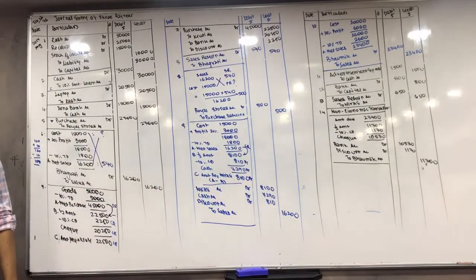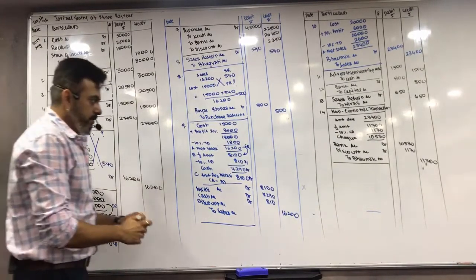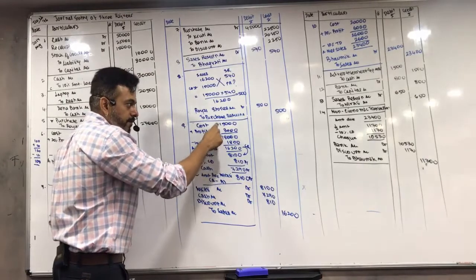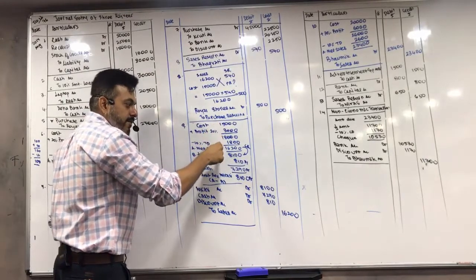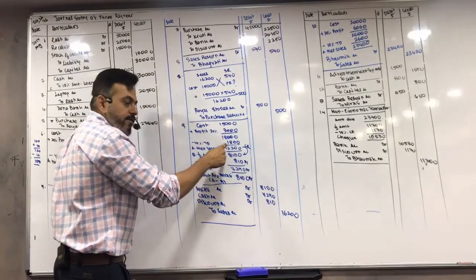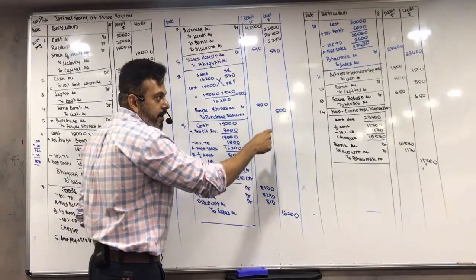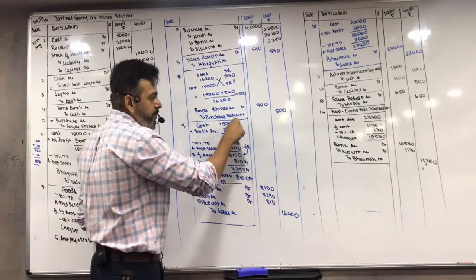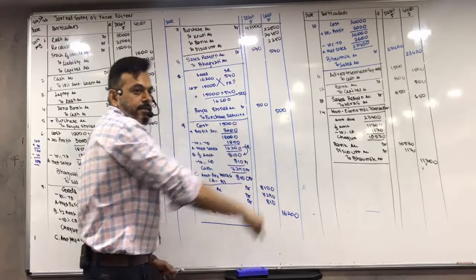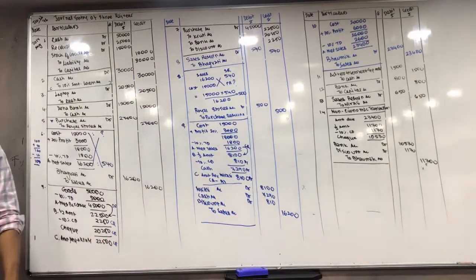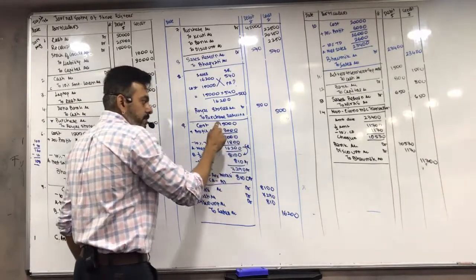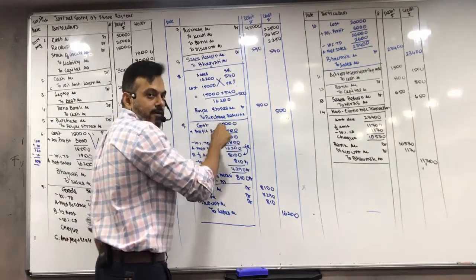Understood this? How you will do it is: goods of 15,000 were sold for 16,200, and out of 16,200, goods worth 650 came back, so how much out of 15,000? Understood? Sales return is at sales price, purchase return is at purchase price.